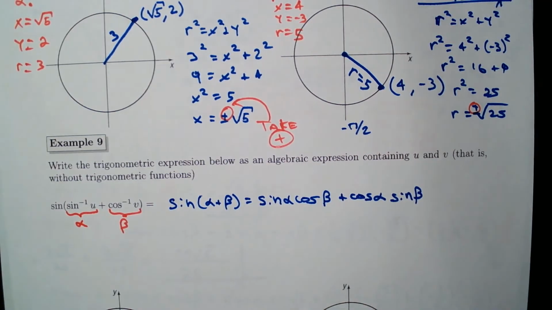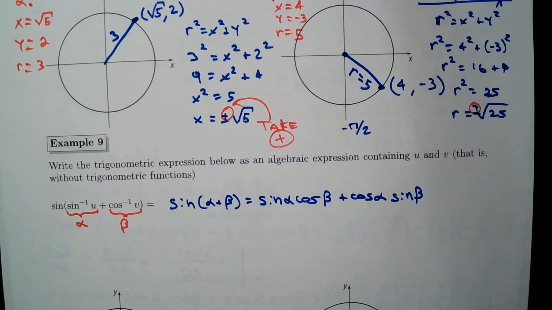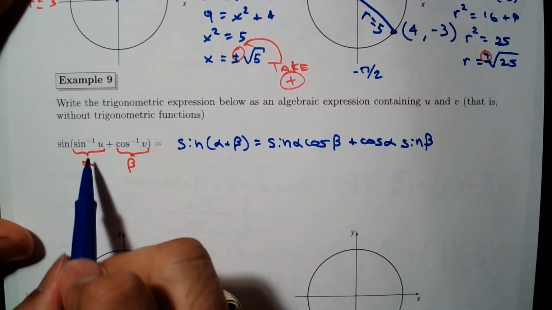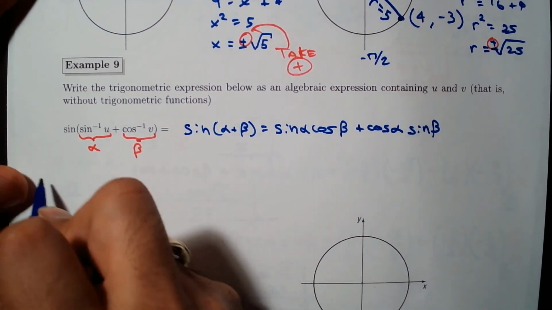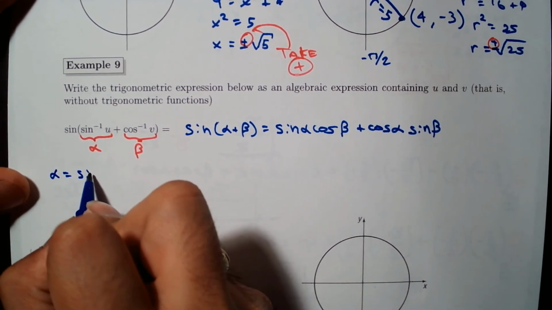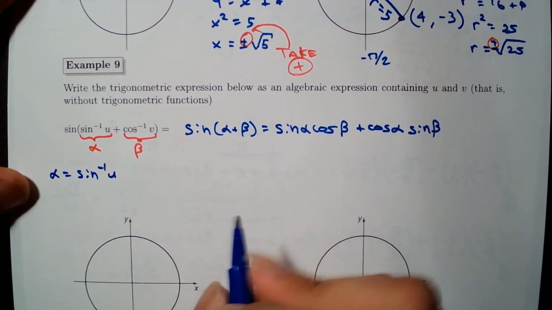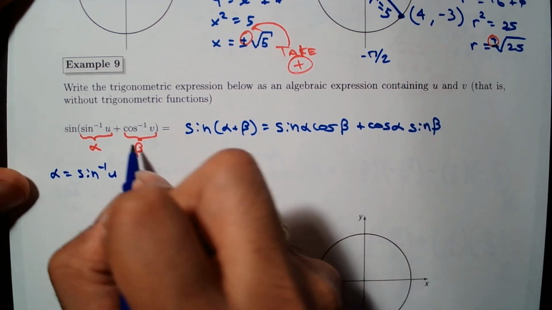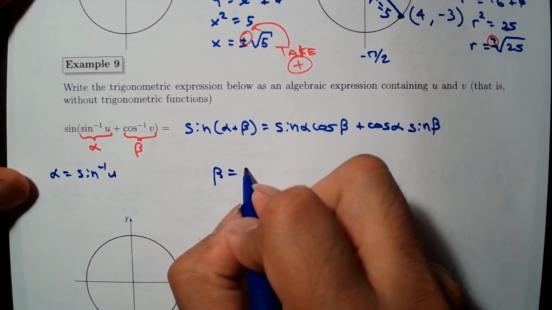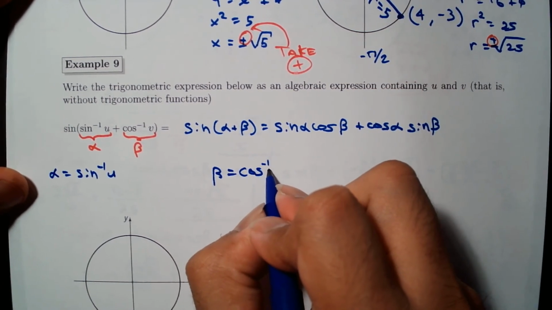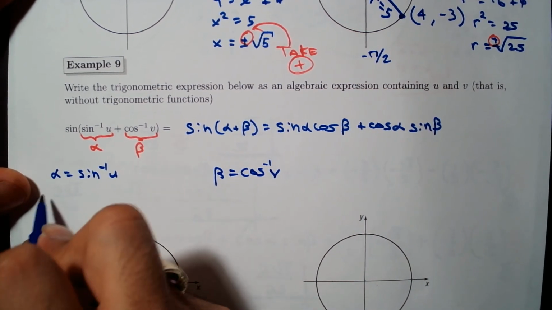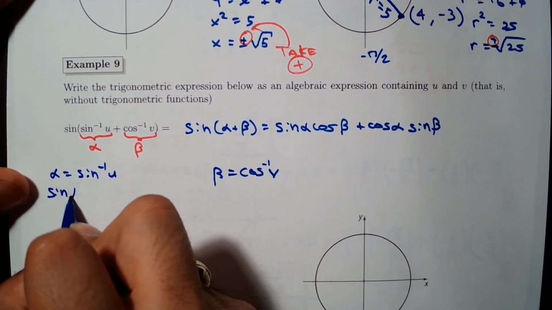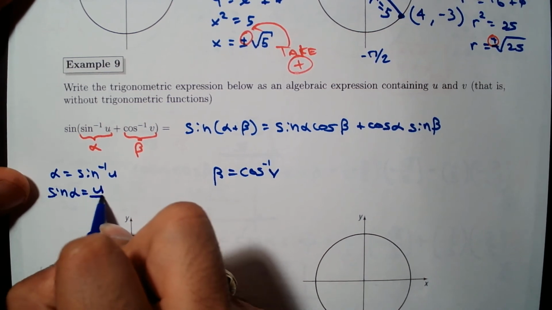Alright. Okay. How are we going to deal with this type of expressions? Well, okay, let me set up an equation for alpha equals sine inverse of u, while beta equals cosine inverse of v. In other words, sine alpha equals u or u over 1.